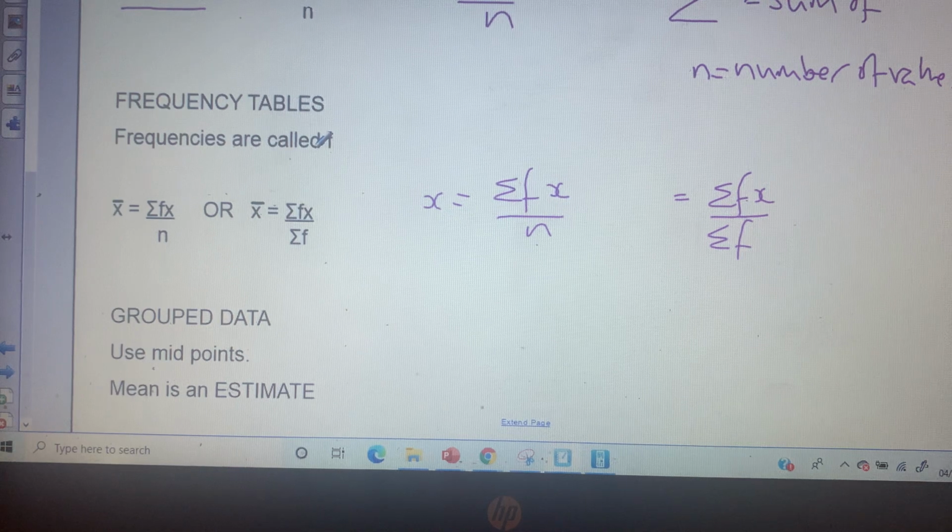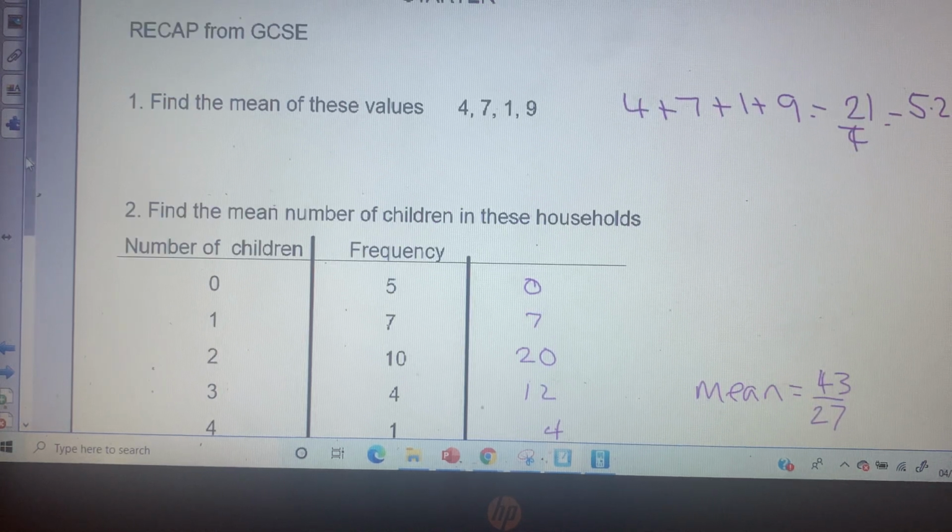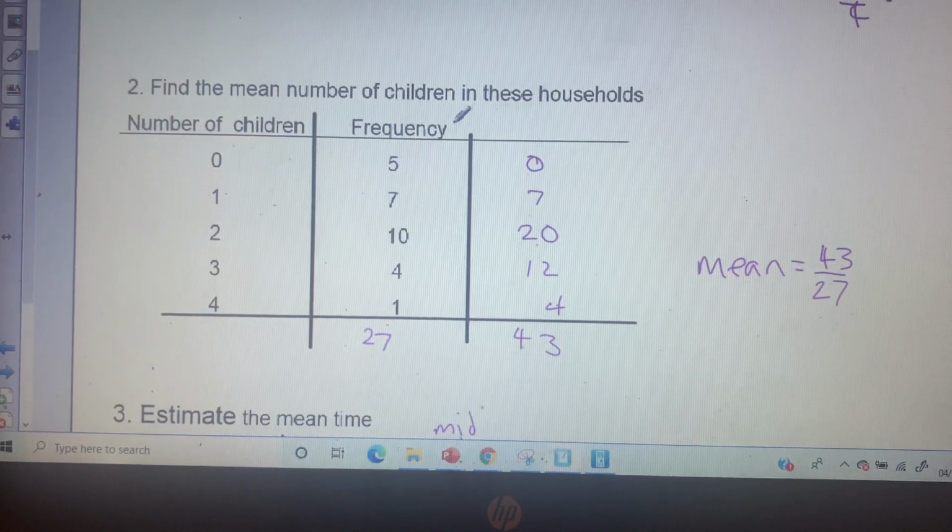So if we go back here, we could call that F and these X. So this column is F times X. That's the sum of the frequencies times X, and this is the sum of the frequencies. And that's how we worked out the mean, using that formula.